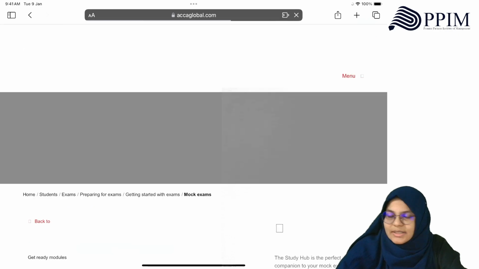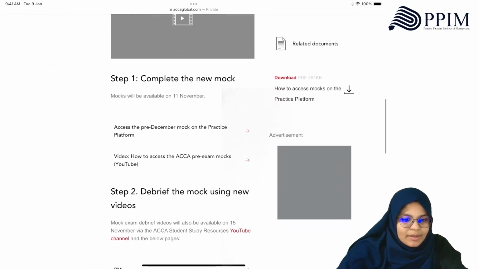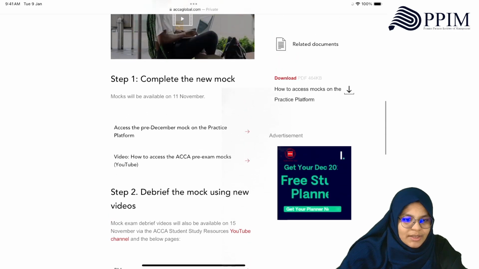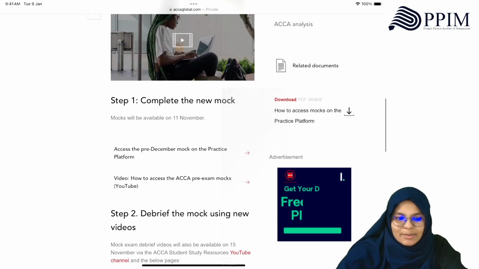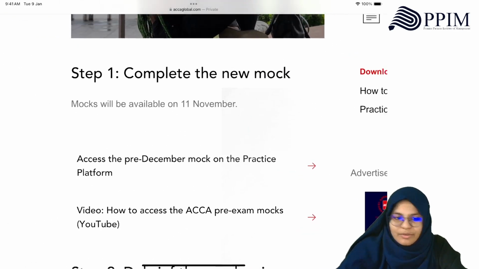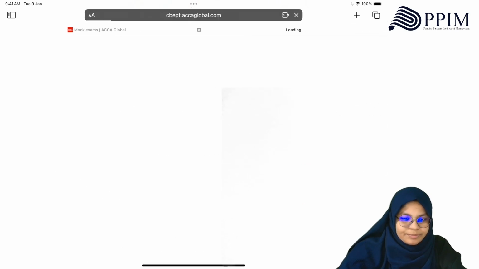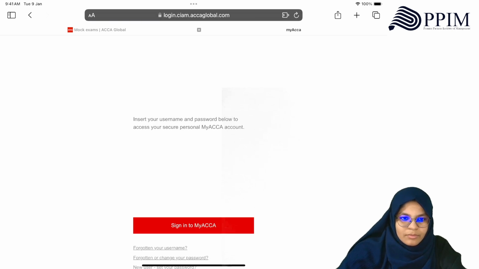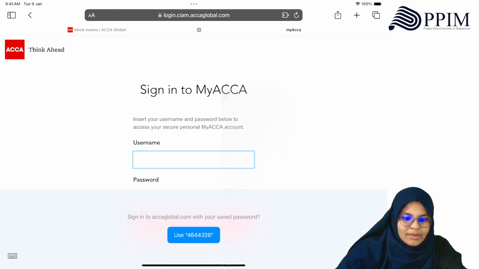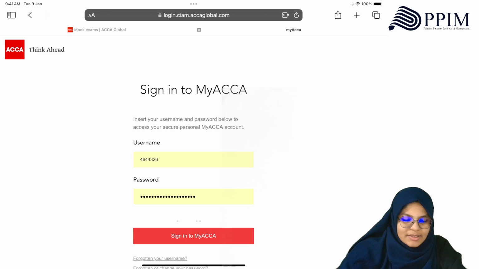Click on the first link that you see, and you will be able to access the pre-December mock on the practice platform, right? So that's where you need to go. And then put in your ACCA registration number and password.